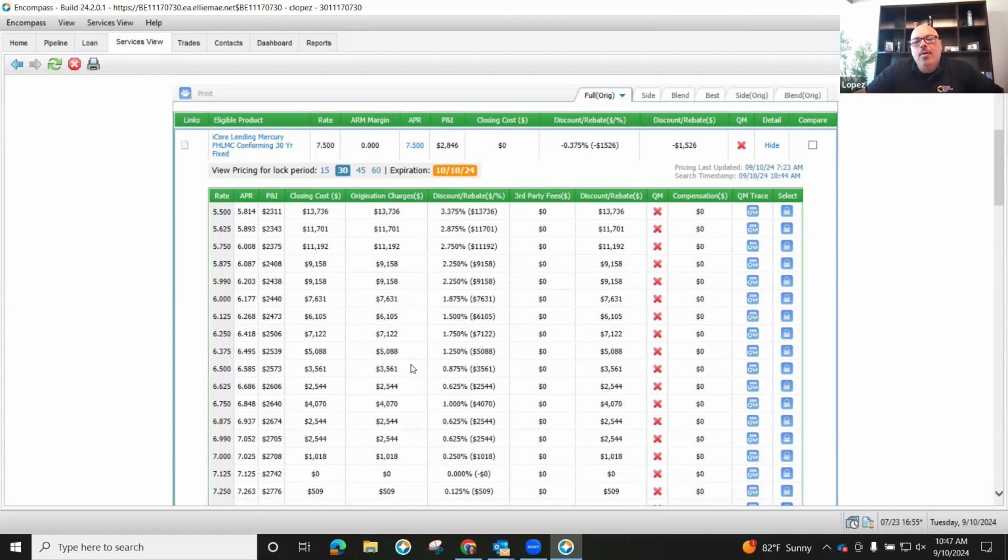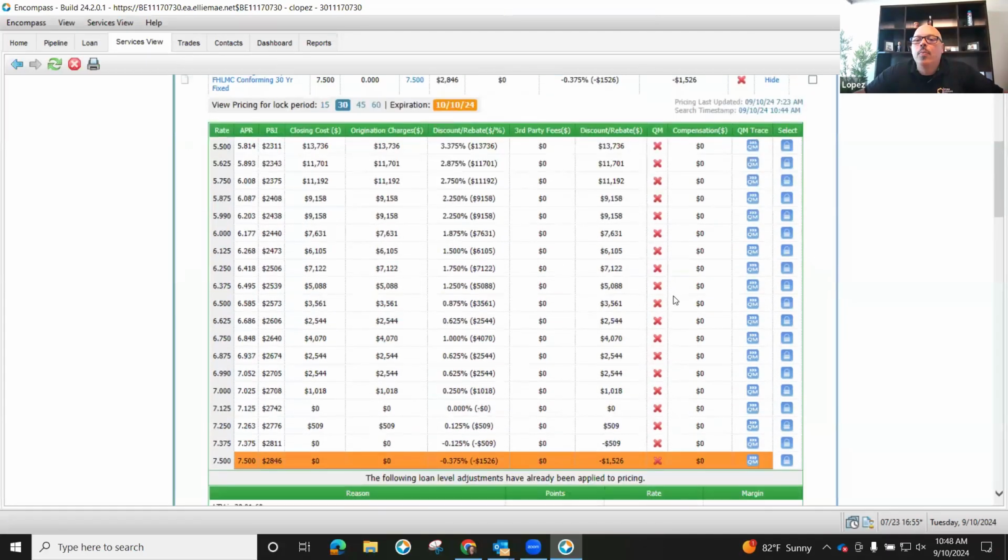For right now, send over the lock, and then we can always fix that on the back end because at least you're locking the pricing in for the day, and then we can work backwards. But it's not for locking. If it was blacked out, meaning let's say it was 4:30 and you guys were trying to lock, right here where it says select, the select wouldn't give you the option to push over the lock.